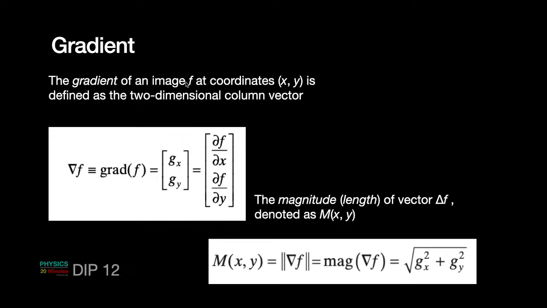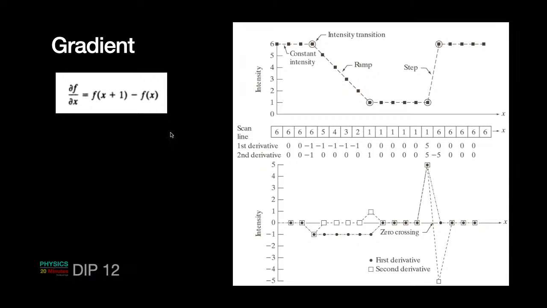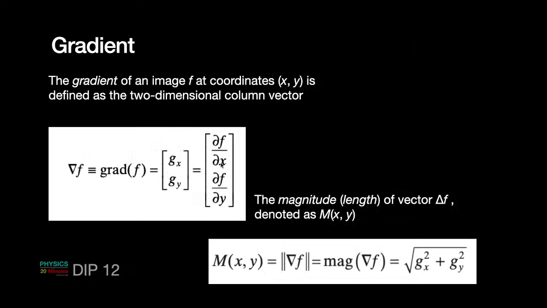Typically, we use this kind of definition, so that can give us some idea. The gradient of an image at a coordinate x,y in 2 dimensions. So I can have an x gradient and a y gradient at every point. At every point I can calculate df by dx and df by dy. The definition remains the same: f of x plus 1 minus f of x upon 1, and we are not writing the upon 1. Similarly f of y plus 1 minus f of y.